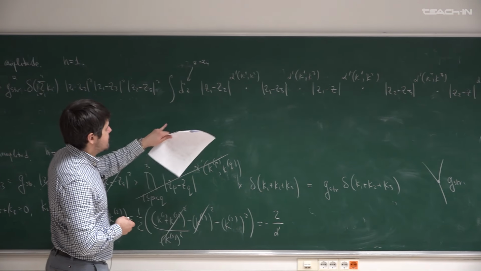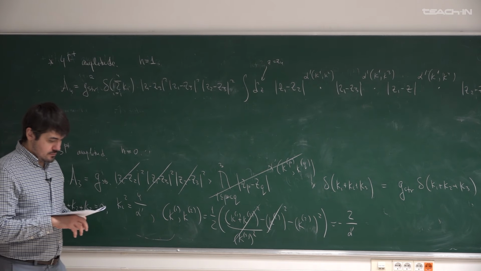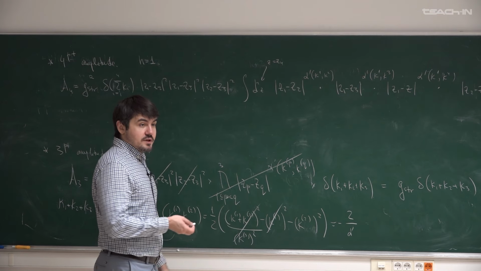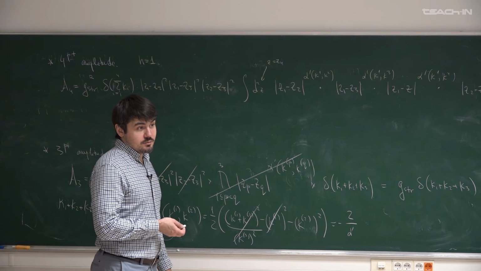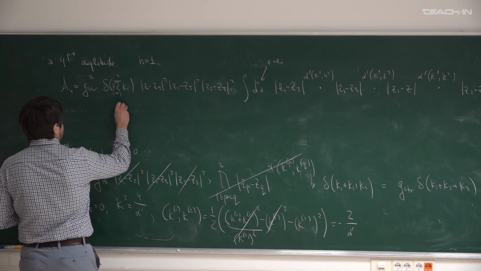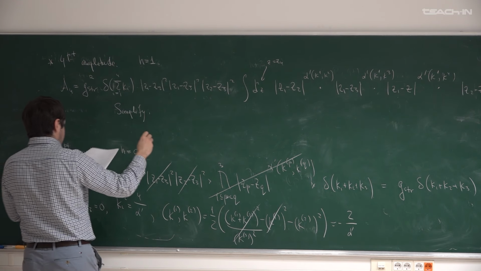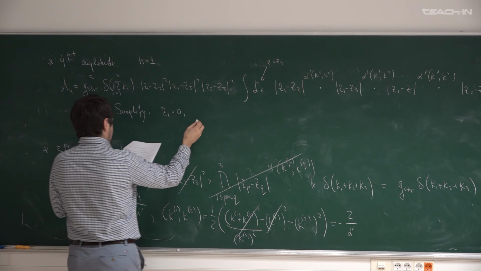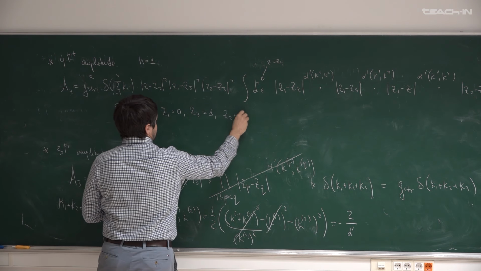Of course, not all of them depend on z. Now we can place the points where we like, so z1, z2, z3 can be sent to any positions. Let's simplify by sending z1 to 0, z3 to 1, and z2 to infinity.